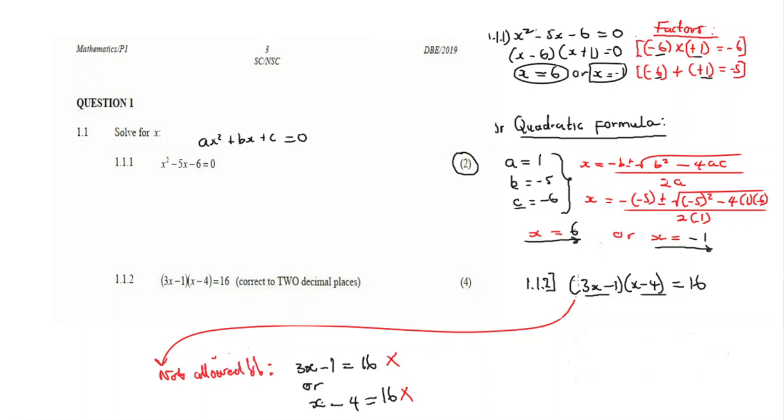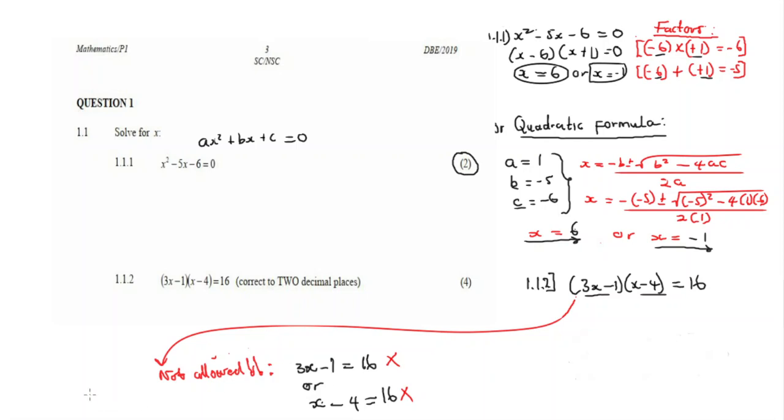This bracket cannot be equated to 16, and this bracket cannot be equated to 16. This is not allowed: 3x minus 1 equal to 16, or x minus 4 equal to 16.